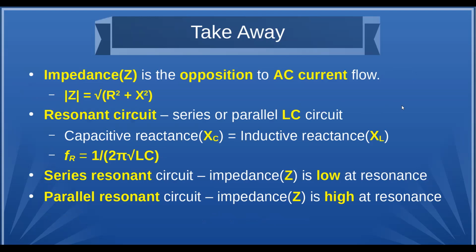So the main things to remember: impedance is the opposition to AC current flow. The magnitude of the impedance is equal to the square root of the sum of the squares of the resistance and reactance. Resonant circuits are either series or parallel LC, and may or may not have an R in the circuit.